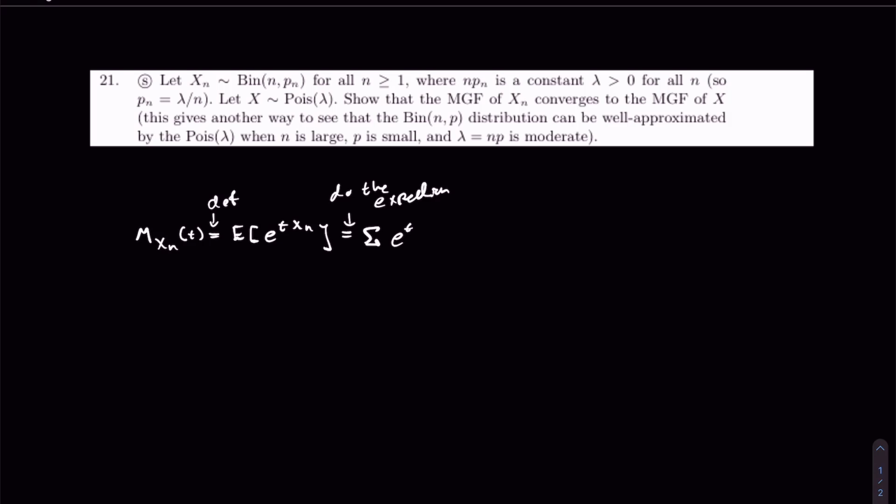For the sake of simplicity, let's replace Xn with k, so k goes from 0 to n. We take e to the tk times the binomial probability: n choose k, times Pn to the k, the probability of success, and then 1 minus Pn to the n minus k, the complement for the remainder of failures in the binomial case.